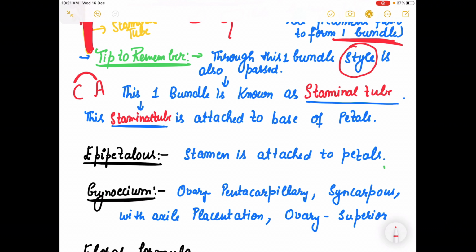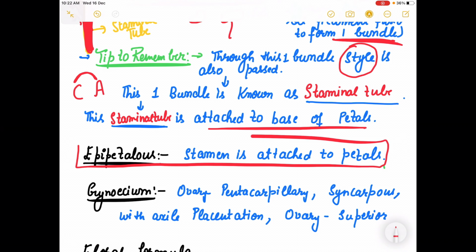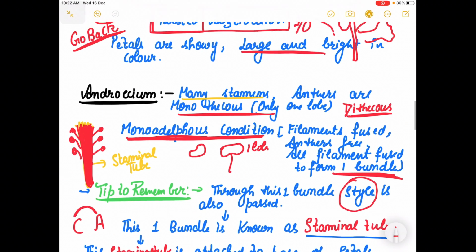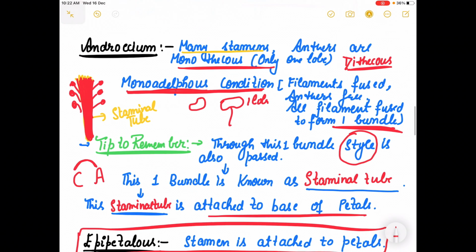Now epipetalous androecium, it means stamens, they are attached to a petal, that we already wrote here. This condition is known as epipetalous condition. And now are these filaments fused?